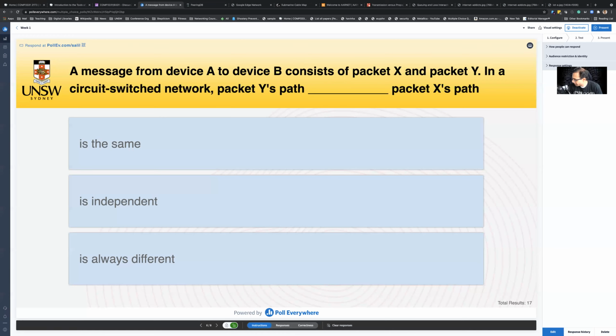This again is a bit weird in that I've said in circuit switching we are sending packets, but hopefully you get the gist.